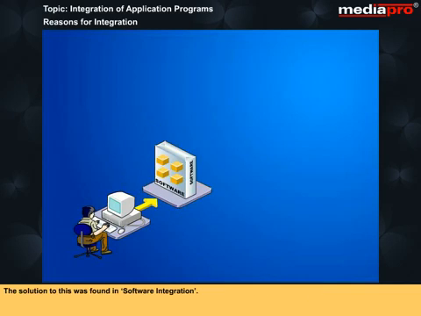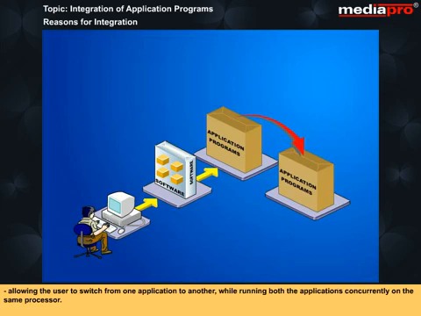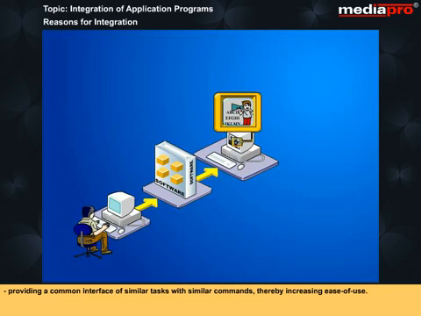The solution to this was found in software integration. The effects of software integration reduce the time loss and frustration of using different applications by allowing the user to switch from one application to another while running both the applications concurrently on the same processor, allowing the data to be shared and passed on freely between these applications, providing a common interface of similar tasks with similar commands, thereby increasing ease of use.